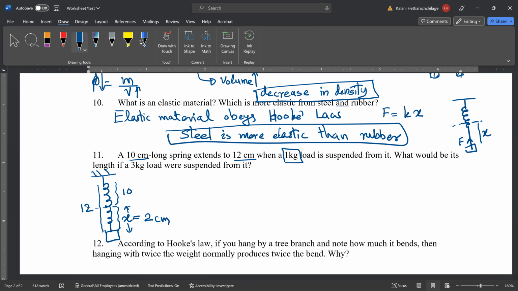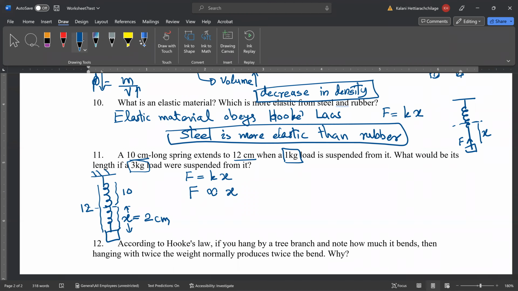centimeters, right? So now what you're going to do is you're going to add another 2 kilograms. That means total mass, you're going to add these 3 kilograms. Then definitely this spring is stretched more. But how much more it stretches, we can find by using spring force equals spring constant times the displacement, right? That means force is directly proportional to the displacement.